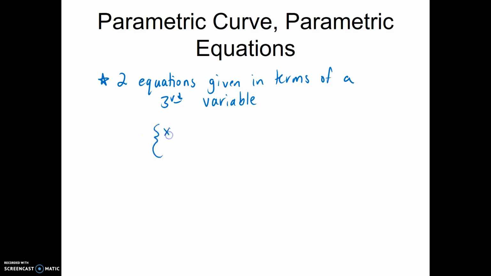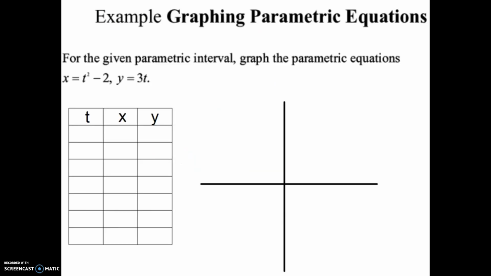So you have two equations here, x equals something, and then y equals something, where t is considered the parameter. So it's a third variable that is in both equations. Okay? So let's look at an example of how we can graph these types of situations.